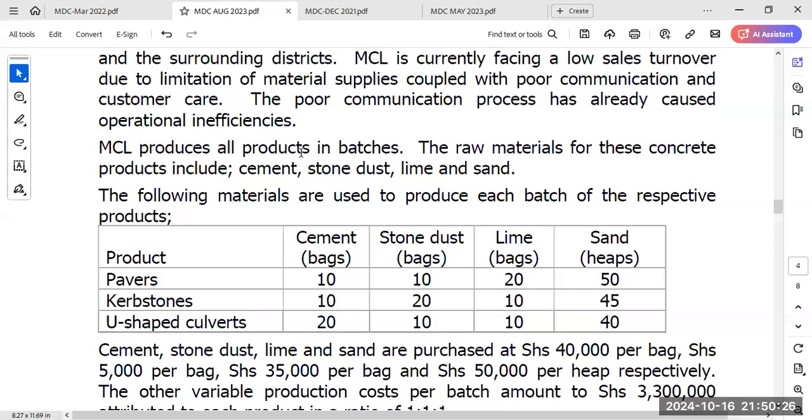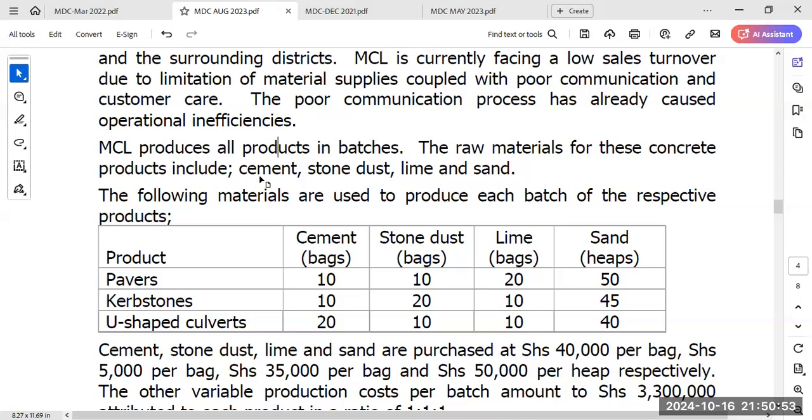MCL produces all products in batches. Okay. These are units now. These are not kilograms, these are not pairs, but batches. The raw materials for these concrete products include, remember, colleagues, as you read, now you know that raw materials are part of your constraints.